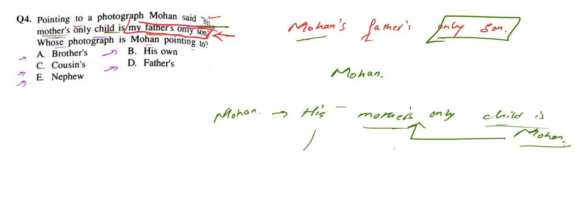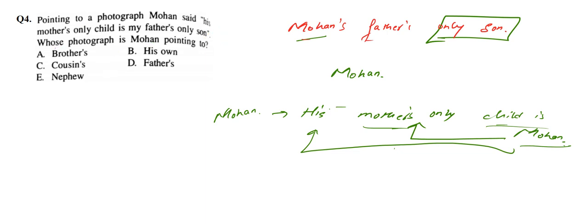So Mohan himself is in the picture, because his mother's only child is Mohan. So Mohan is pointing, and the picture is also of Mohan. So the answer will be that the picture is of his own.